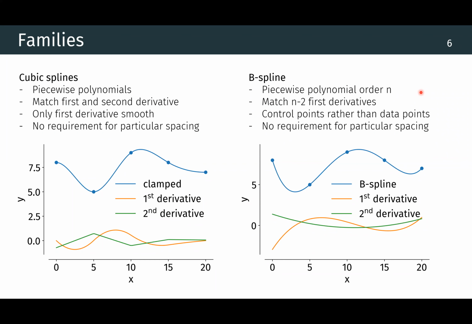And these individual data points that you have are not really data points, they're called control points, meaning that they give a hint how the function should be aligned, but typically there is no strict requirement to actually recover that particular data point.